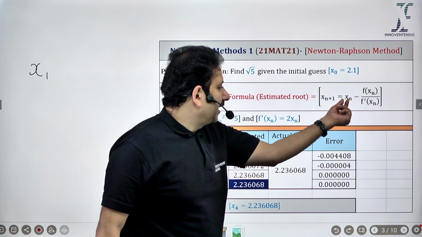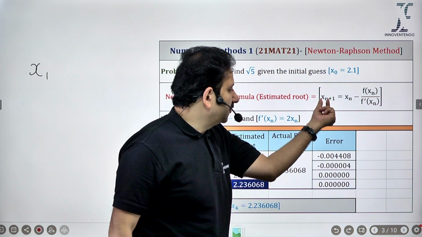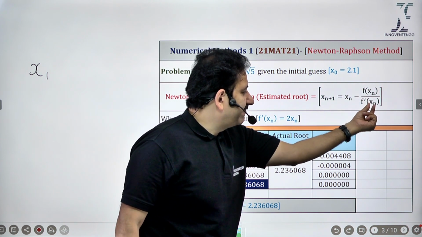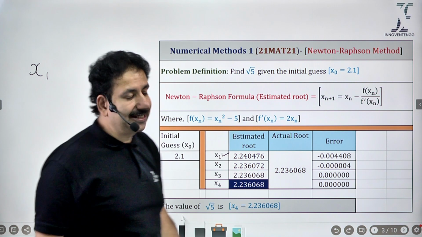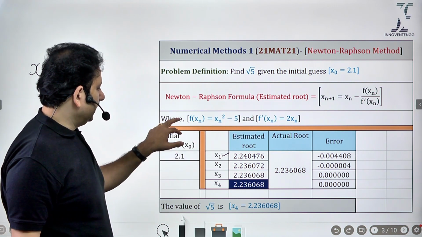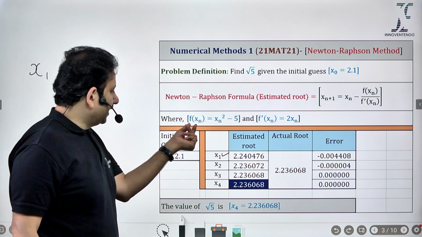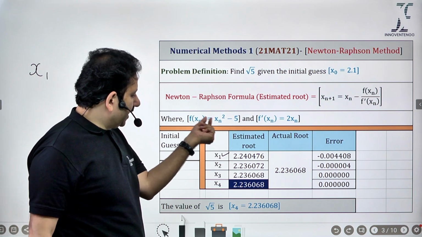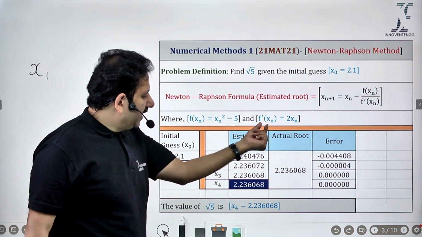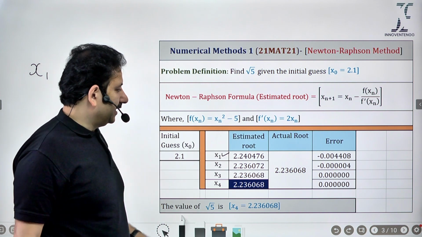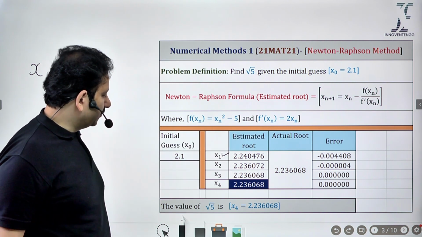Here, if I put n is equal to 0, you get your first iteration, that is x0, f of x0, f dash of x0. x0 is your initial guess, and these are the formula for nth value calculation, that is f of xn. If you replace n by 0, you will get x0 square minus 5, 2 into x0 as f dash of x0. So these values can be calculated.